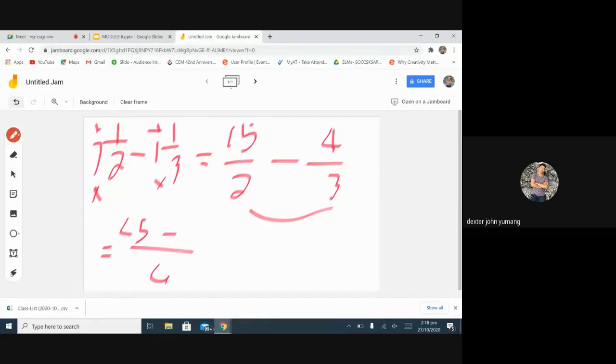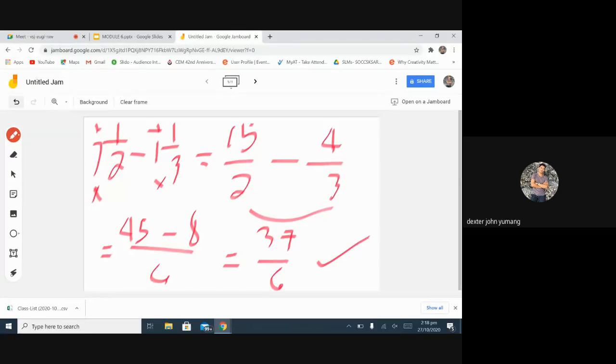Minus 6 divided by 3, that is 2 times 4 is 8 pala. That is 8. So 45 minus 8, we have 37 over 6. So that is now our answer.